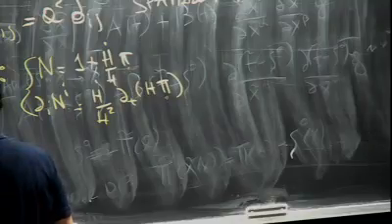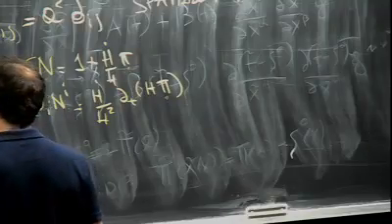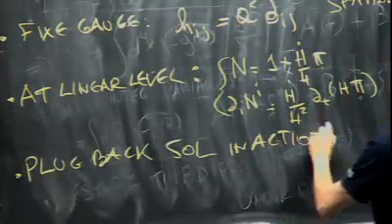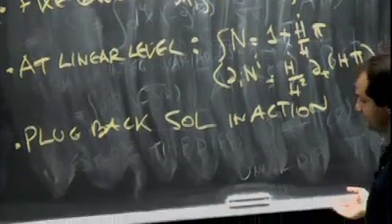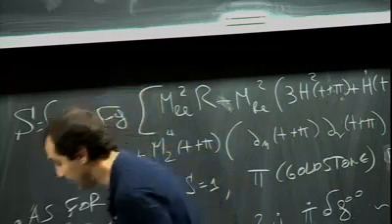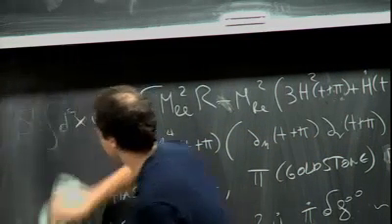Now plug the solutions back into the action and do the algebra. We are not interested here in the tensor modes. We are only interested in pi, so we'll just focus on pi.